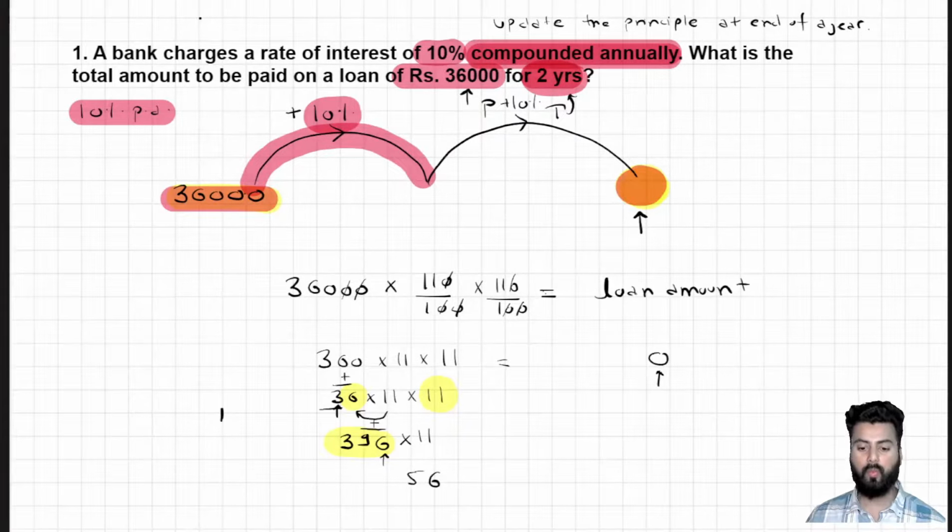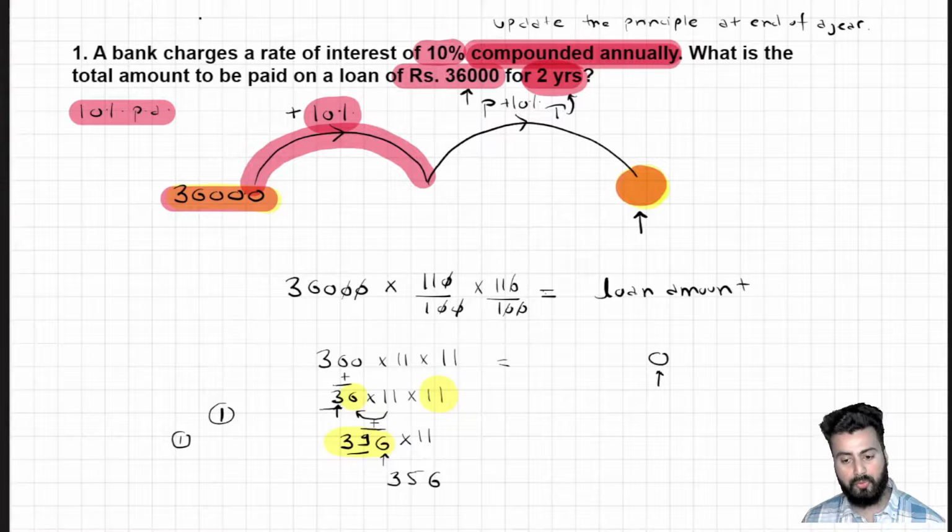You get a carryover 1. 3 and 9, I can make one more pair. 3 and 9 is 12. Add this carryover. 12 plus 1, 13. Again, you will get a carryover of 1. Can you make another pair of two digits? No. And therefore, you have to stop at the final digit from the left, which is 3. And what is 3 plus this carryover 1? You would say 4. So after multiplying 396 by 11, you will get 4356.